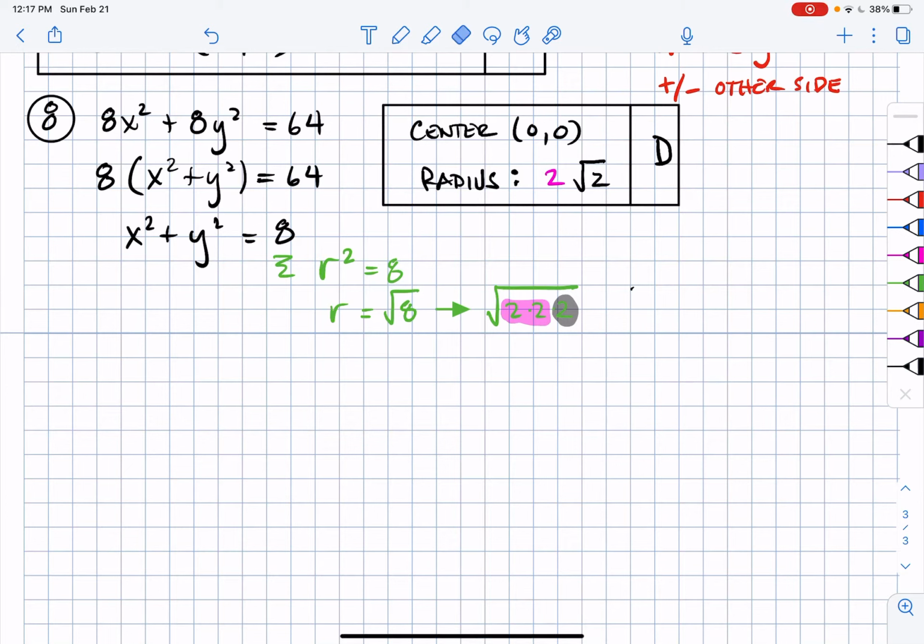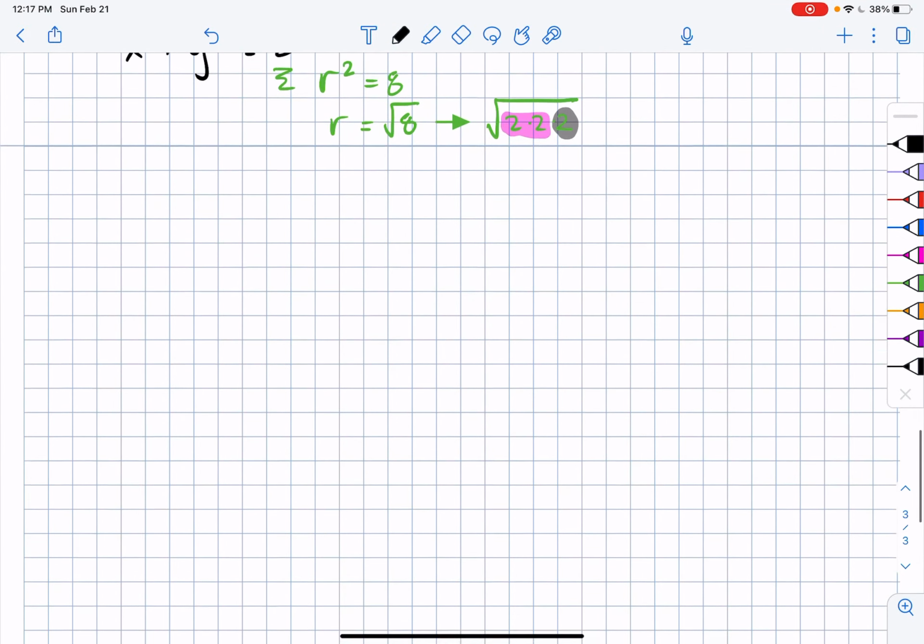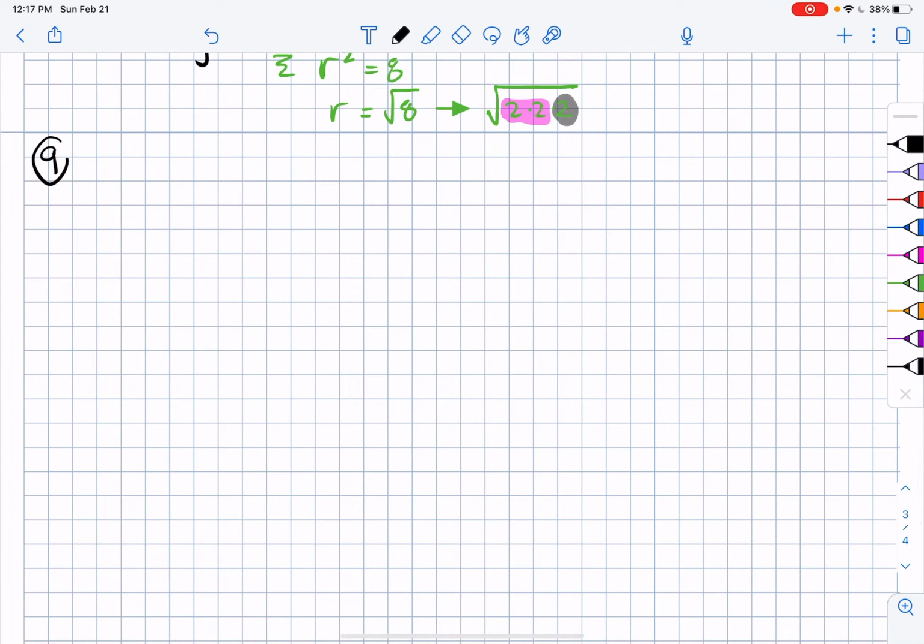There we go. All right. So that's 8. Number 9. All right, so it wants you to find which graph, and it gives you this, right? (x minus 2) squared plus (y minus 3) squared is equal to 4.